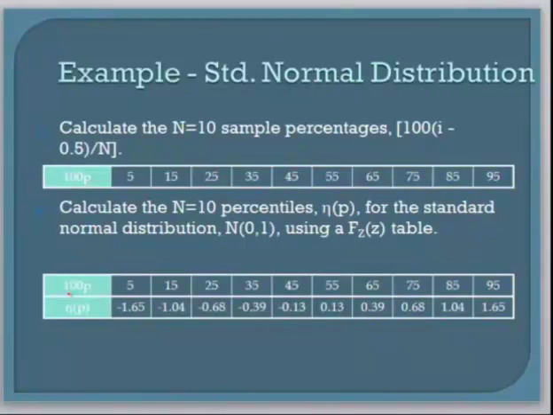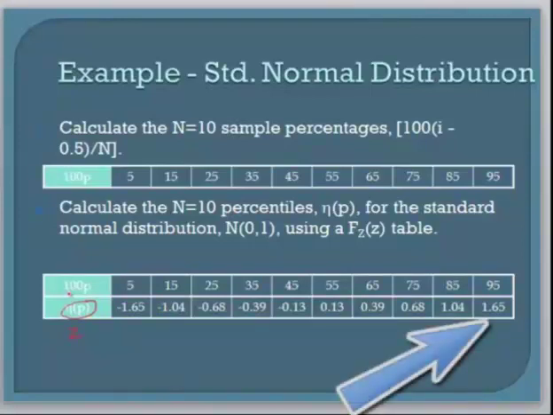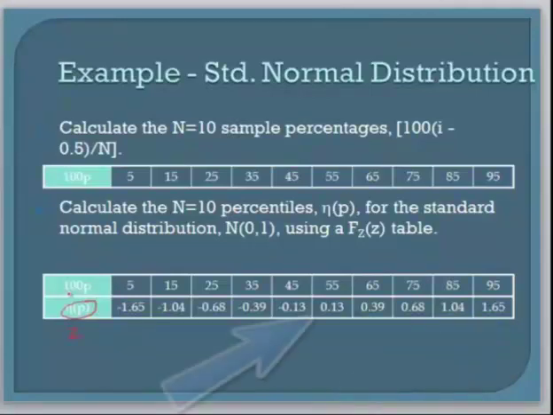Now here's your percentiles. This value right here is the z-value for a normal distribution if we were using that. So look, 95%, it's exactly where you would expect. So z is equal to 1.65. You can see 50% would fall at 0, and at 5% it's at a z-value of minus 1.65.